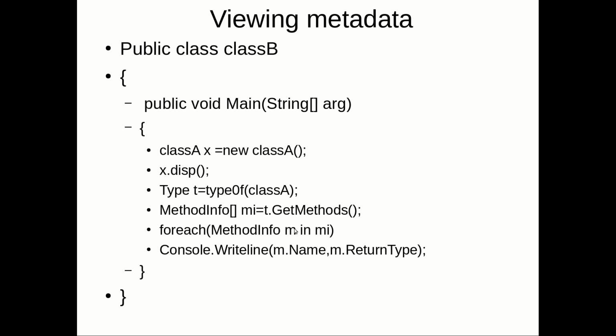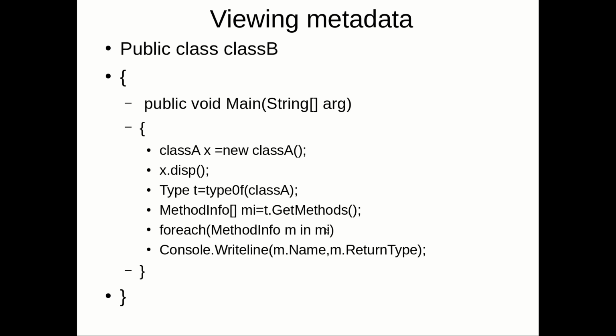I access the methods one by one, and you can see here the property name of this method. M is one method in the array of method objects. Mi is an array of method objects, and m is each method available in that particular array.